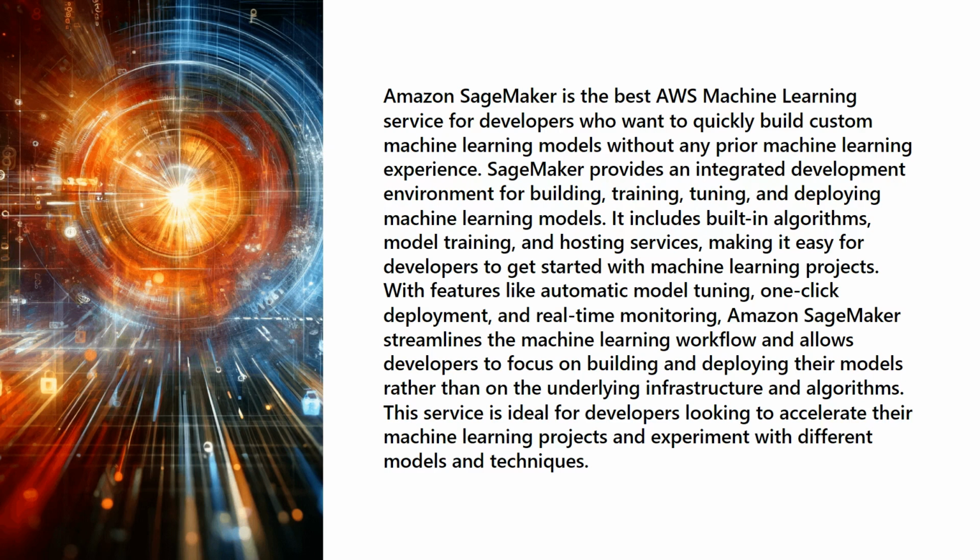With features like automatic model tuning, one-click deployment, and real-time monitoring, Amazon SageMaker streamlines the machine learning workflow and allows developers to focus on building and deploying their models rather than on the underlying infrastructure and algorithms. This service is ideal for developers looking to accelerate their machine learning projects and experiment with different models and techniques.